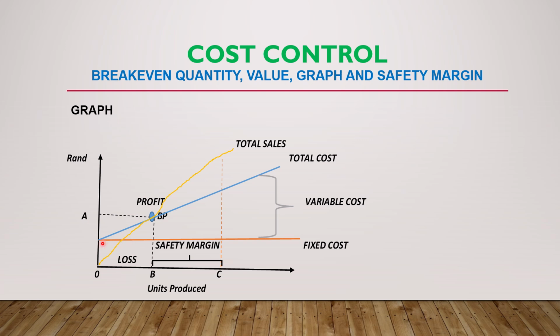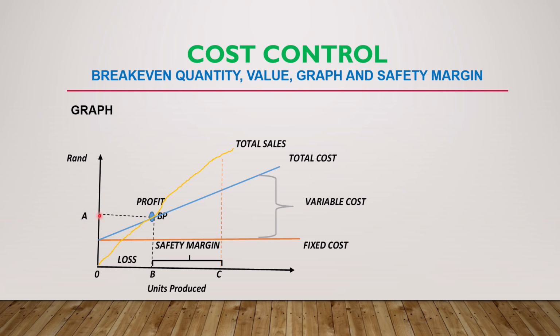So where your total cost crosses or meets the total sales is where you break even. So this is your break-even point, meaning that you will have your break-even quantity at B, quantity this side, and your break-even value because it's rands this side, right?